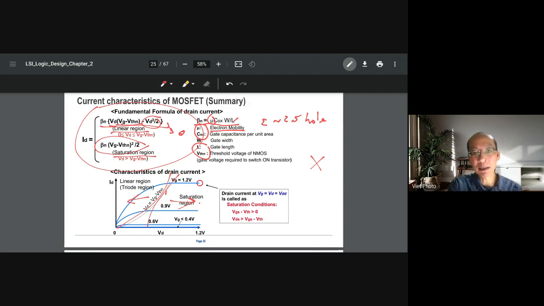But this is from the foundry. We cannot do much. The one we can affect is the width. That's how the cell library designers change the width to have a bigger transistor to get the speed they want.